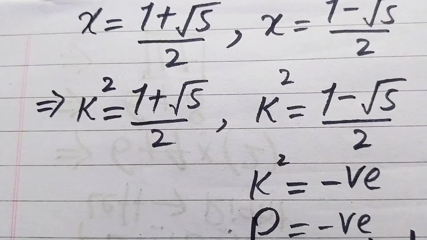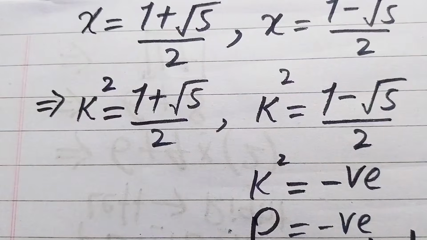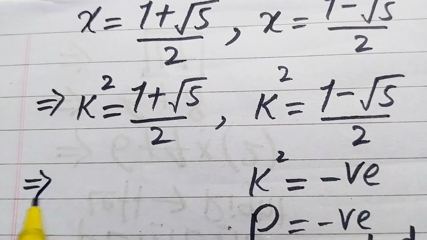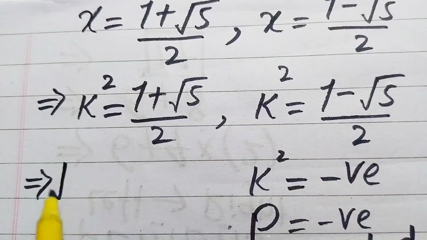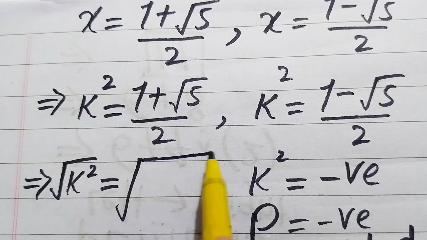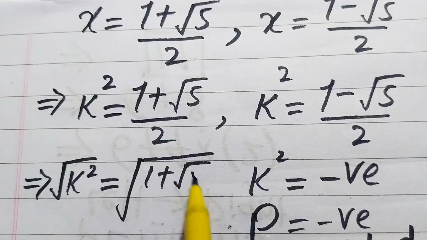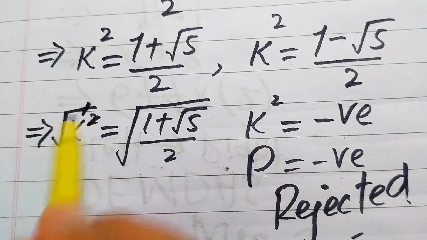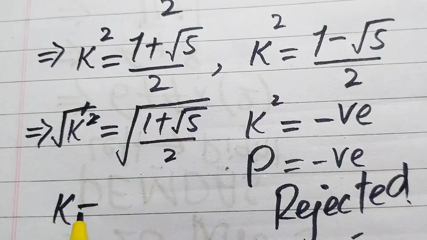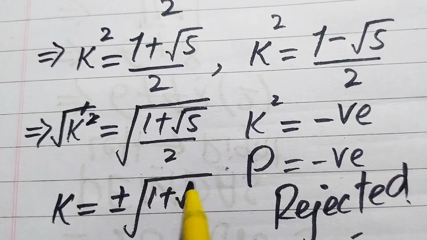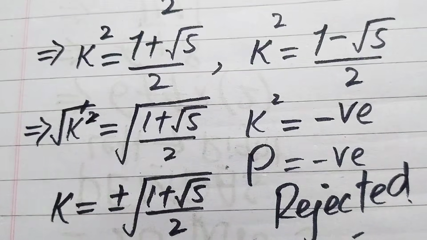So from this case we easily get the values of k. For the values of k, we need to take square root on both sides, and when we apply square root, this will be written as the square root of k square is equal to the square root of 1 plus square root of 5 divided by 2. So this square and this square root are gone, and we get k is equal to plus minus square root of 1 plus square root of 5 divided by 2.